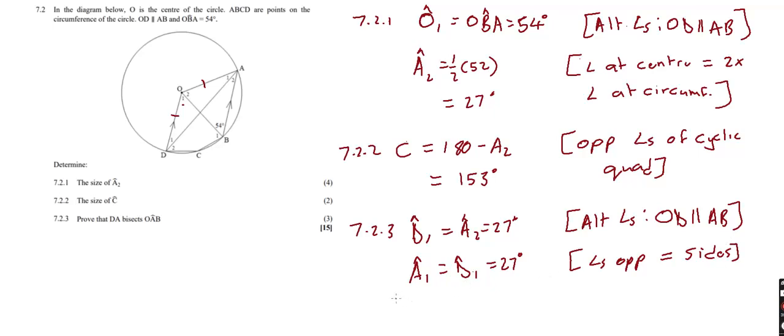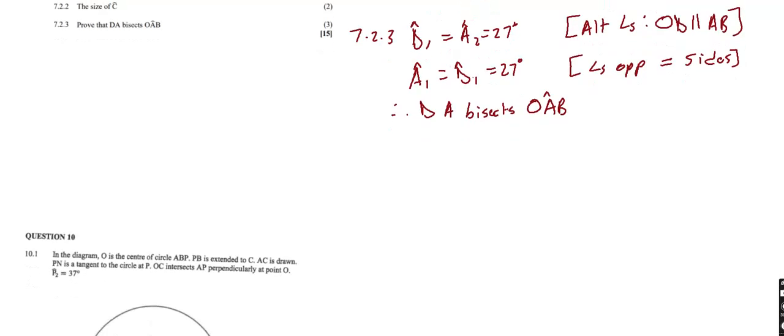Therefore, we've just proven that A1 is equal to A2. So DA bisects OAB. We are done there.